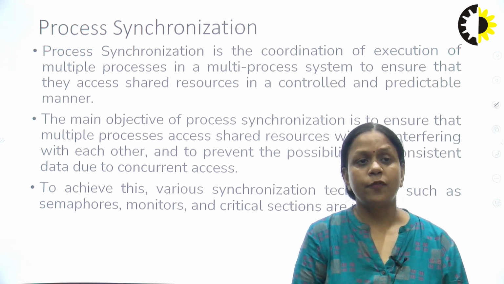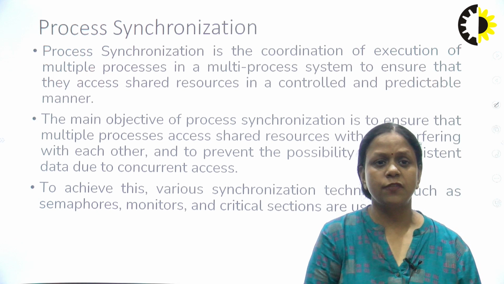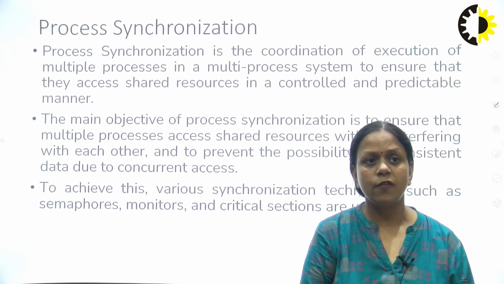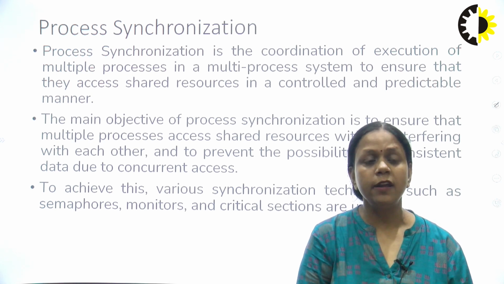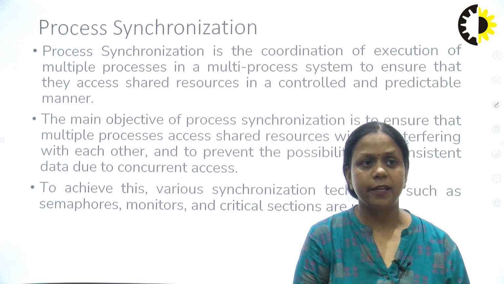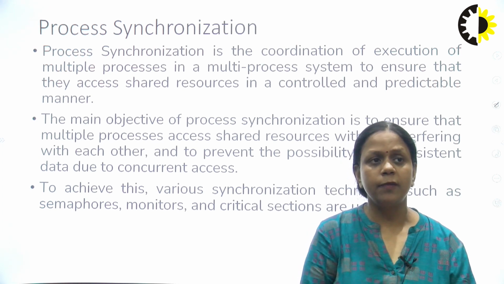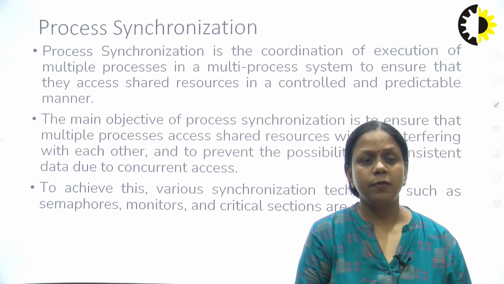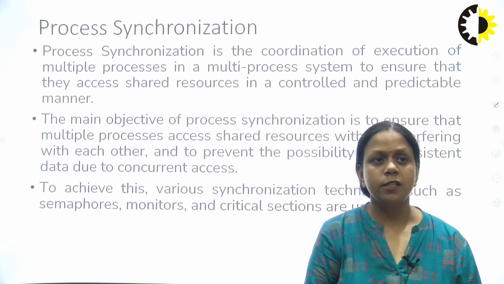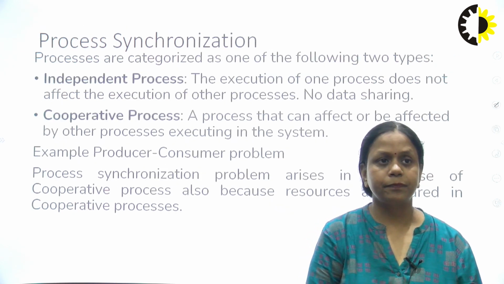So for process synchronization, we need different types of synchronization techniques. We have understood now the meaning of synchronization, where we have multiple processes running simultaneously and we require a mechanism so that they can be run in a controlled and predictable manner.